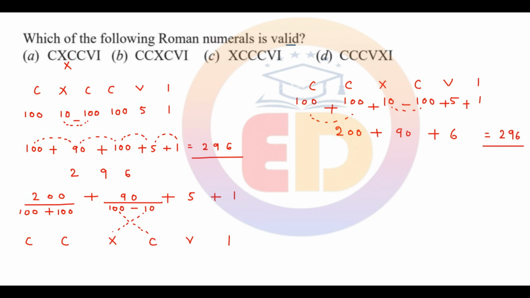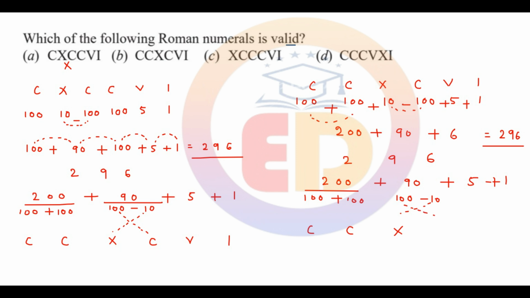So let us see how we can write 296. 296 can be written as 200 plus 90 plus 6, which can be written as 5 plus 1. So 200 is 100 plus 100. 90 is 100 minus 10. 5 and 1 are simple, it's no problem to write. 100 and 100, this is C and C. 100 minus 10, the symbol of 10, X should come first.